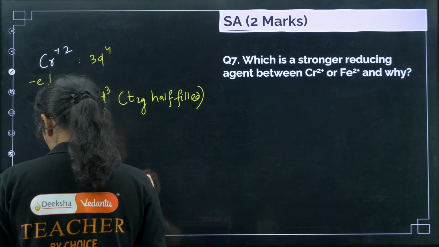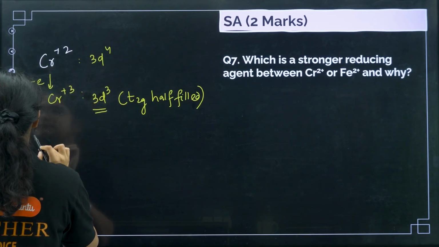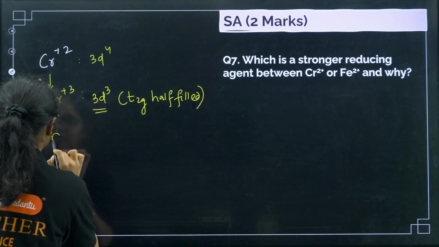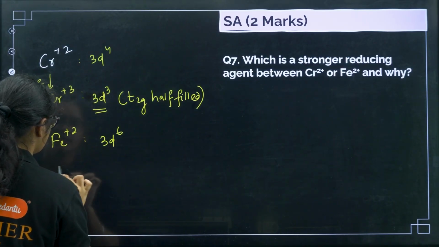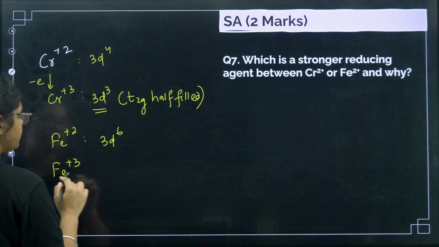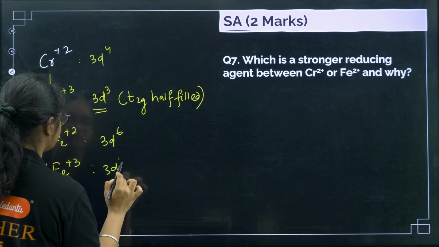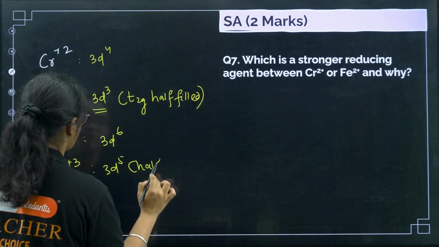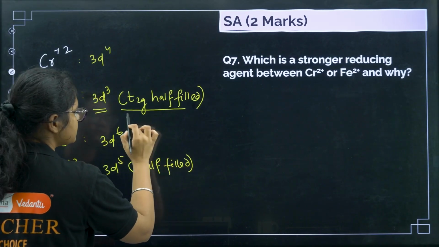Okay, now if you see the next one, that is Fe2+, which has a configuration of 3d6. If it is a reducing agent, itself it will undergo oxidation, it will lose one electron. Fe3+ is 3d5, which is also stable, half-filled, right? But out of these two, the Cr3+ is more stable.